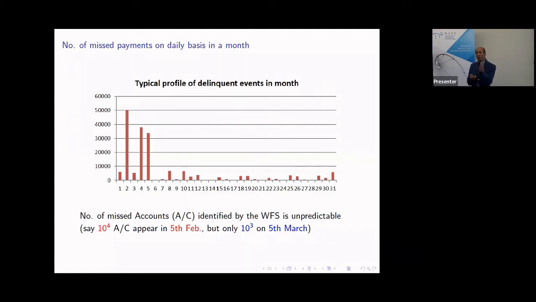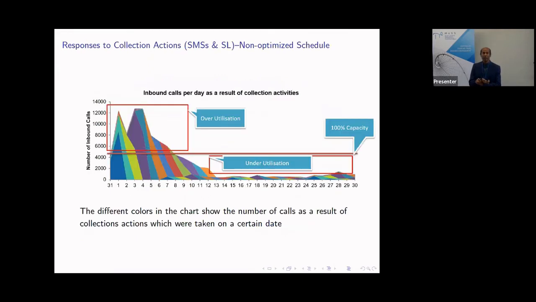In the middle of the month there are fewer, but this is direct debit. Of course, there are similar things for the cash paying customers as well. So this is coming in a very unpredictable way.